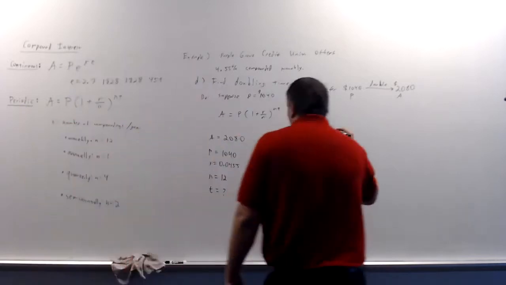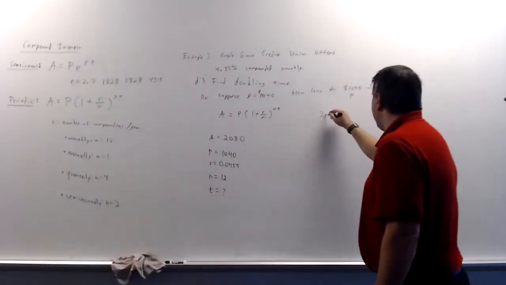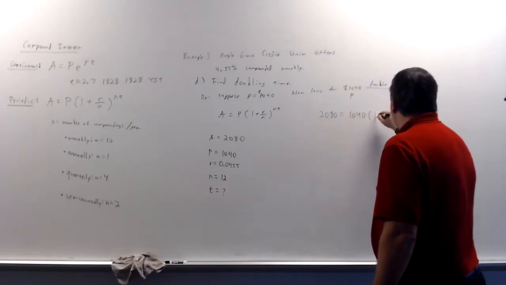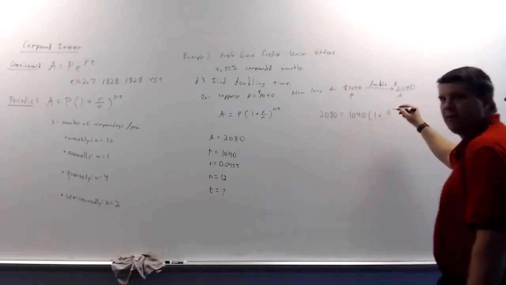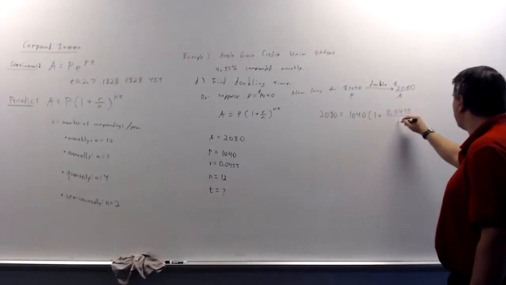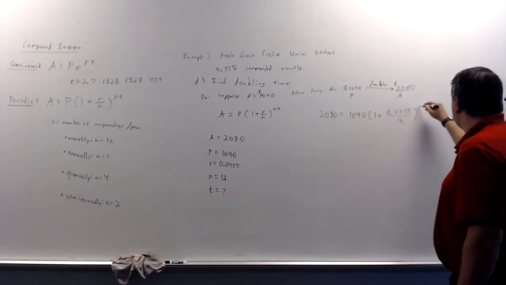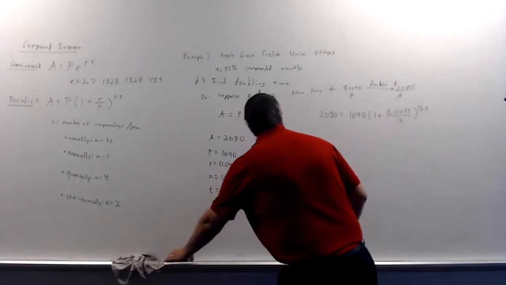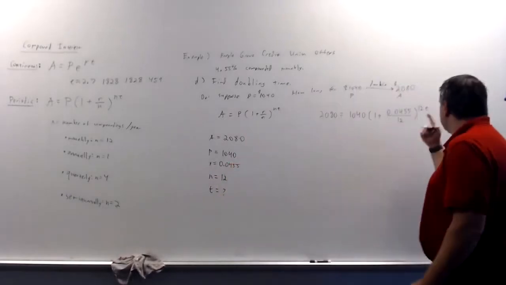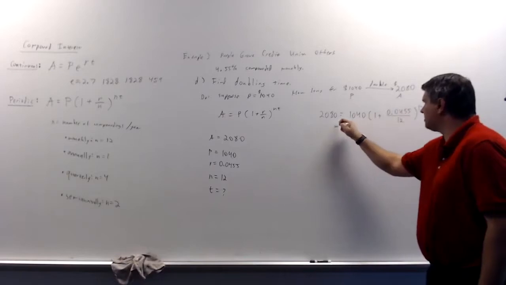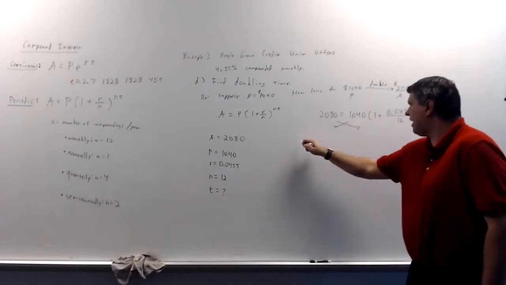So how long for 2080 to equal 1,040 times 1 plus 0.0455 over 12 to the 12th power? Okay. Well, this is my unknown, so I'm going to switch the sides so my unknown is on the left.